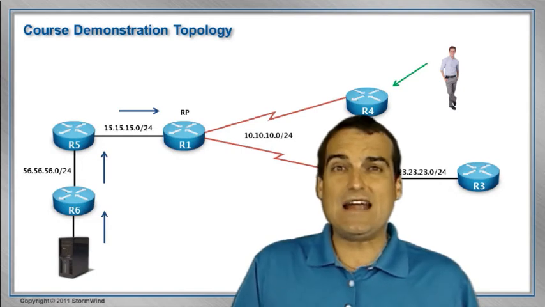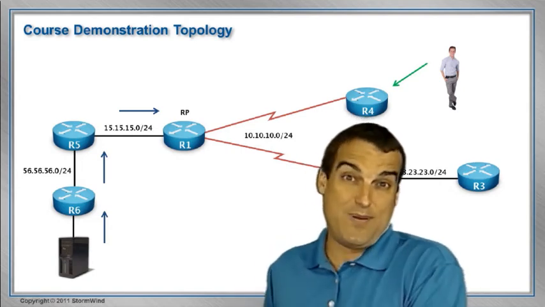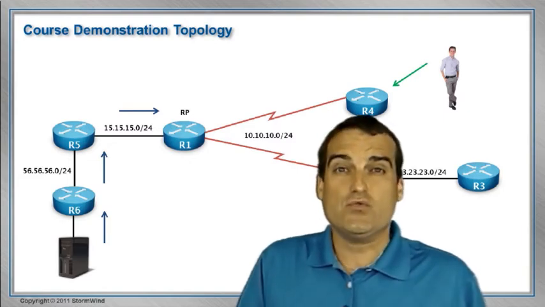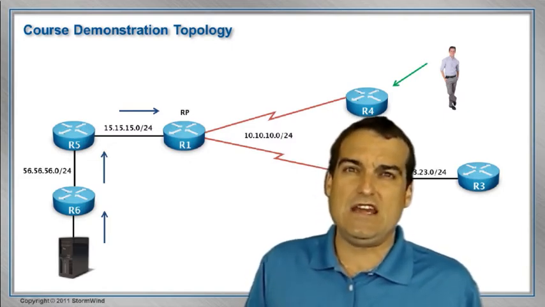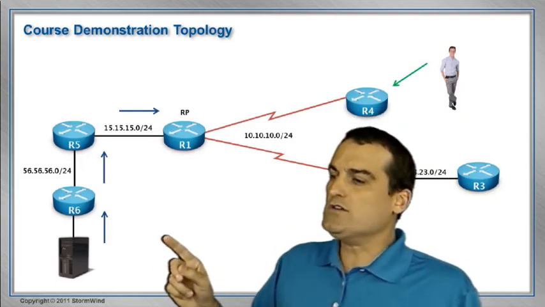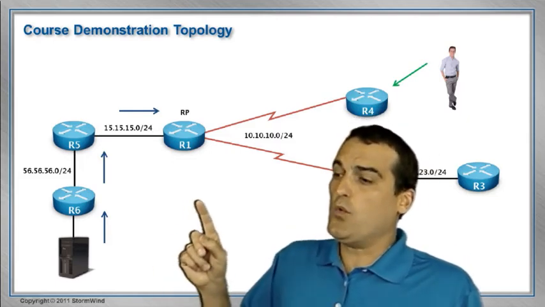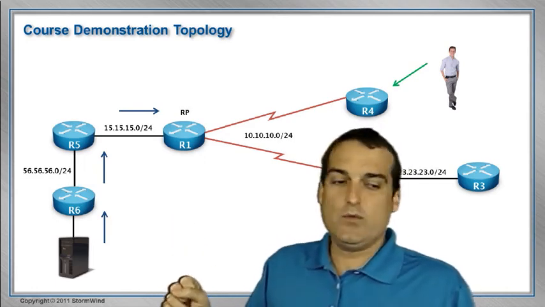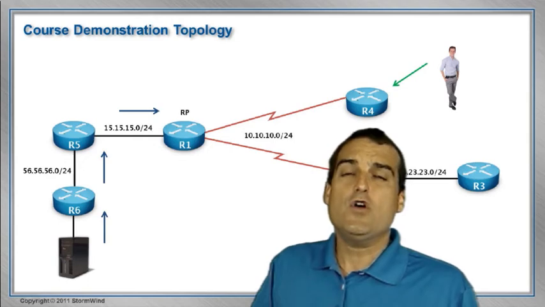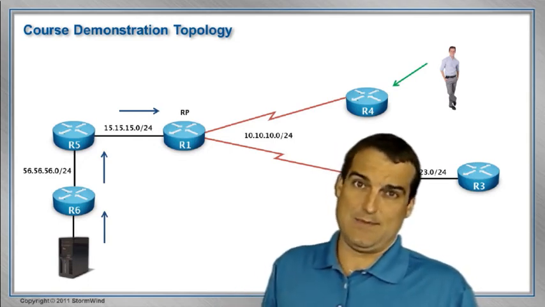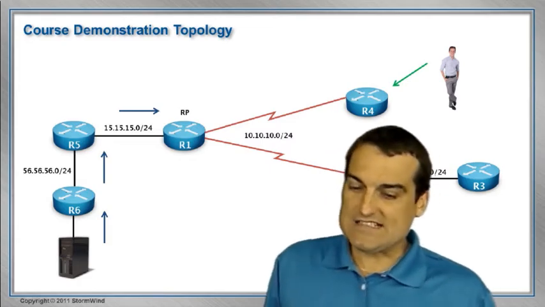You can put these two roles on the same machine if you want to, but we'll go ahead and split them up. We'll say that R1 wants to be the RP, as we can see in this diagram, and we'll say that R5 is the device that's going to tell everybody about that.